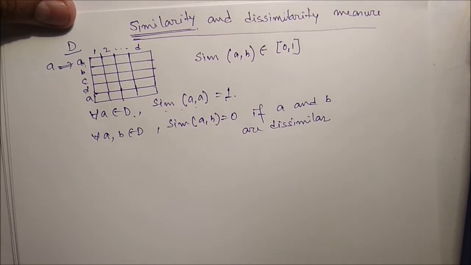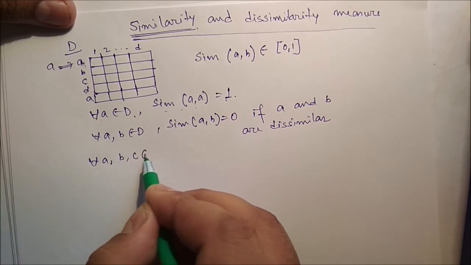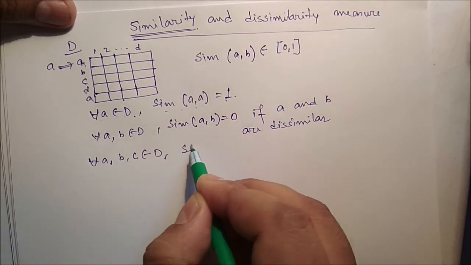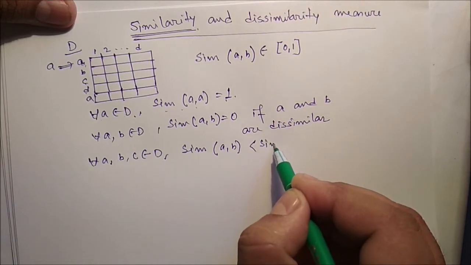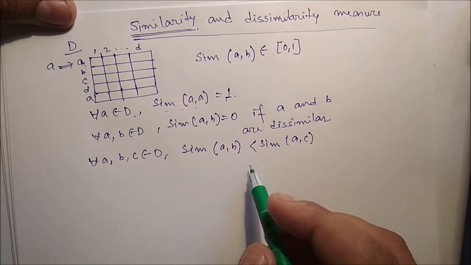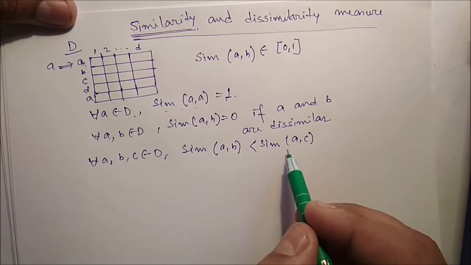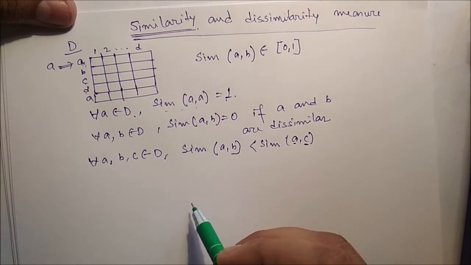Similarly, for all A, B and C belongs to D, similarity AB less than similarity A comma C indicates that A is more like C than B.